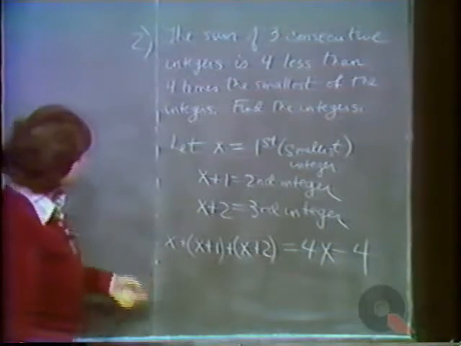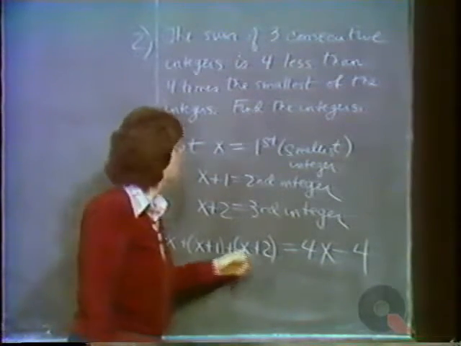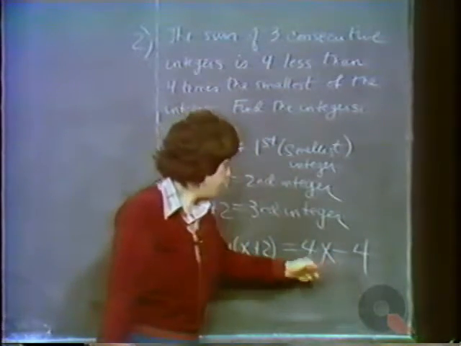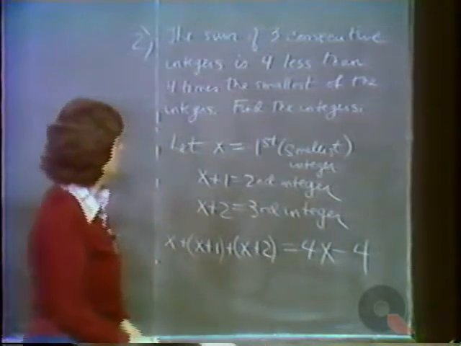See if this makes sense. The sum of the 3 consecutive integers is 4 less than 4 times the smallest of the integers.